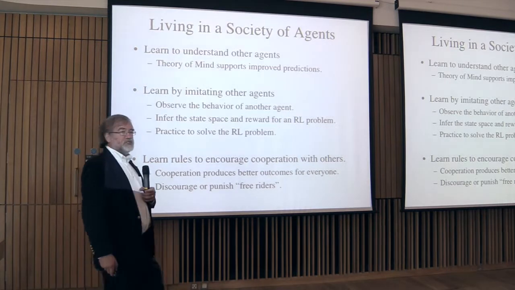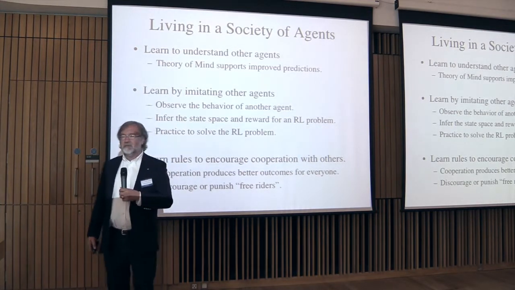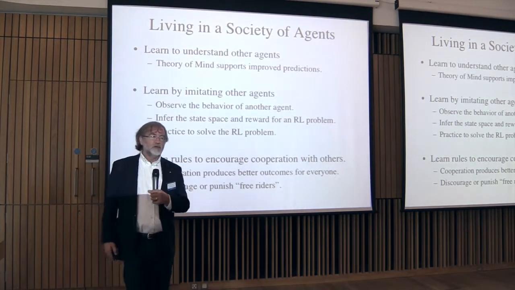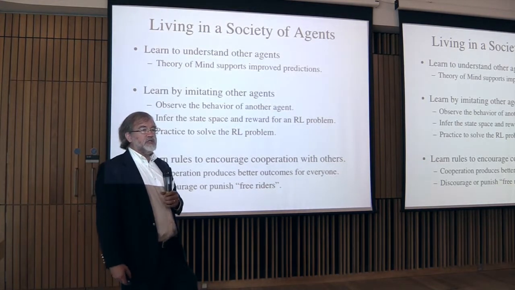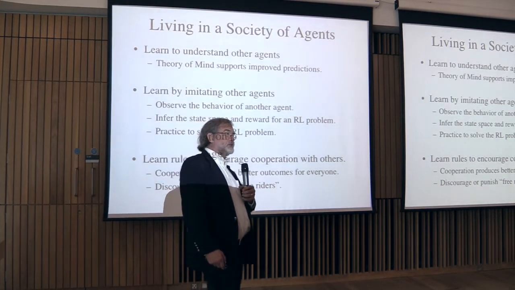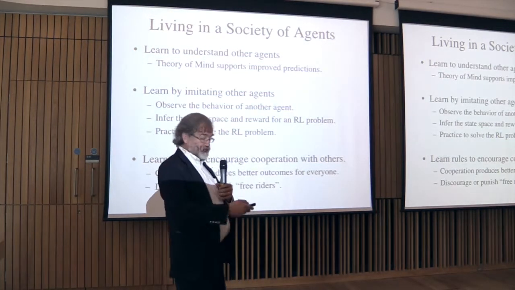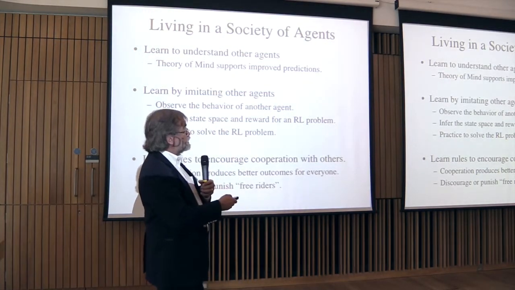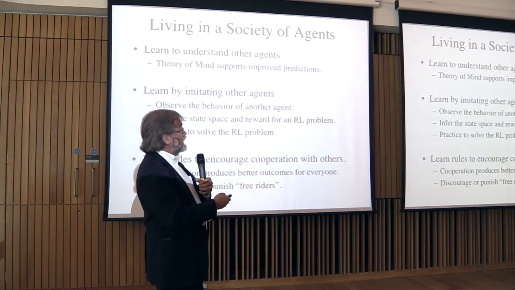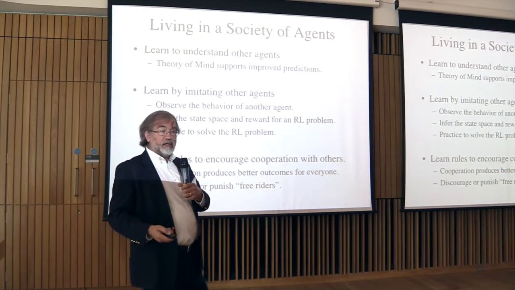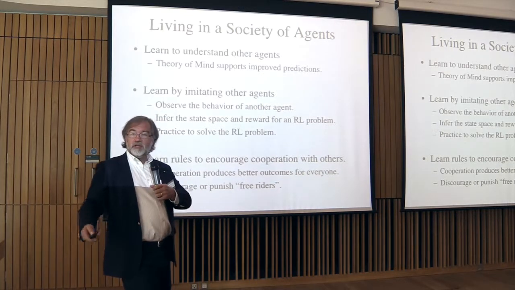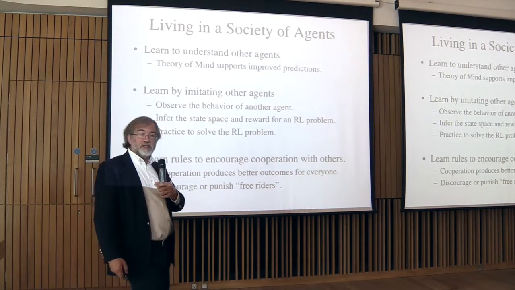And so this touches on another set of things, which is how does an agent learn to live in a world that contains a lot of other agents? The first part of that is what I spoke about before, which is developing a theory of mind so that you can predict the behavior of other agents.